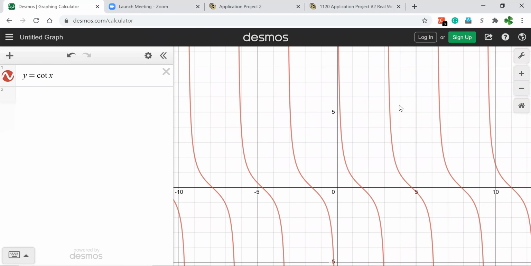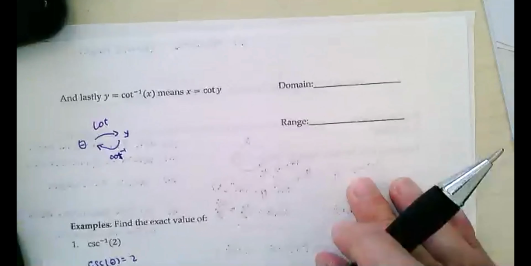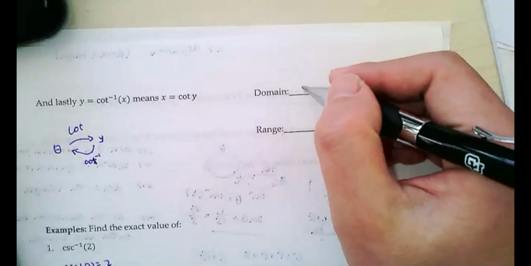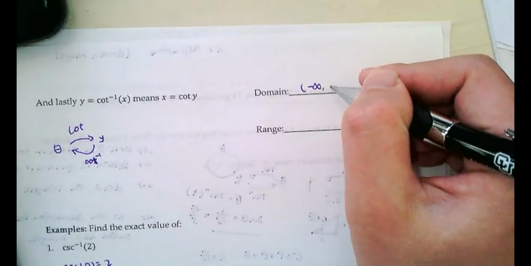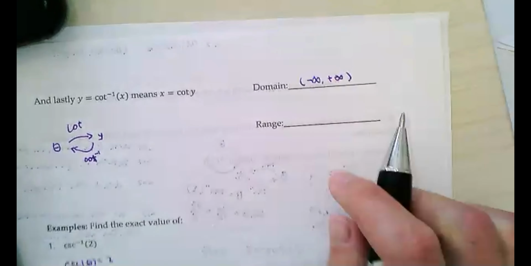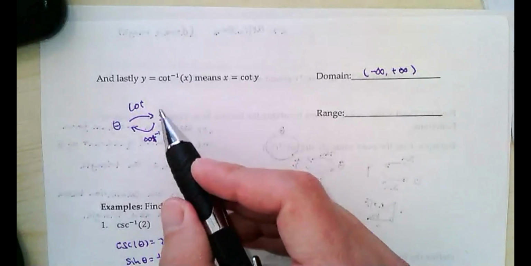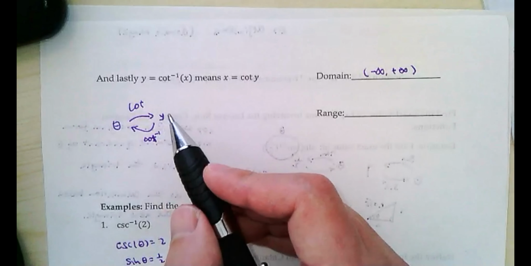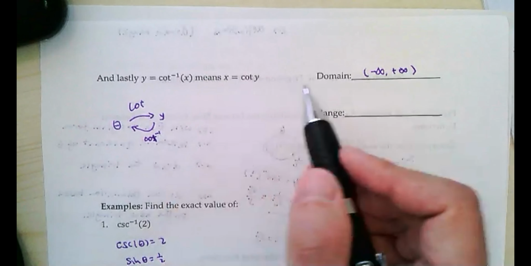Y can take every value on the y-axis, right? So our domain is just everywhere, from negative infinity to positive infinity. Under this new inverse function, these y values become the domain, and then we just check on the decimals. The domain is everywhere.